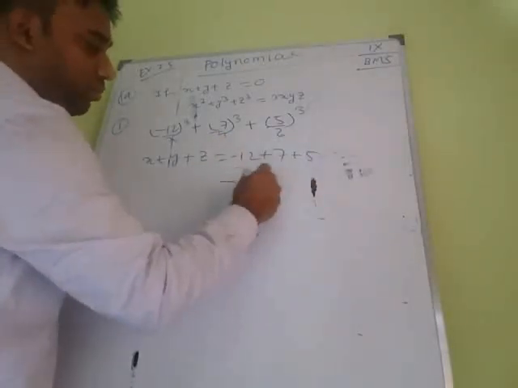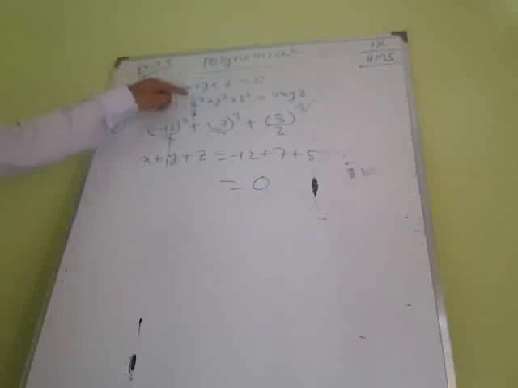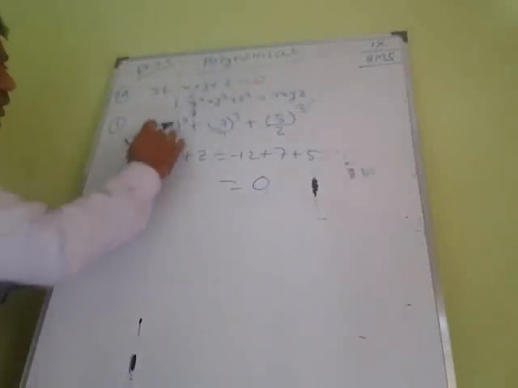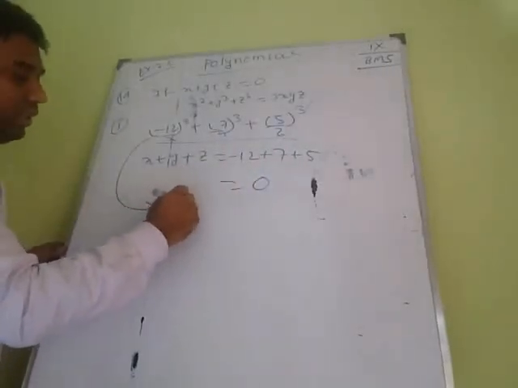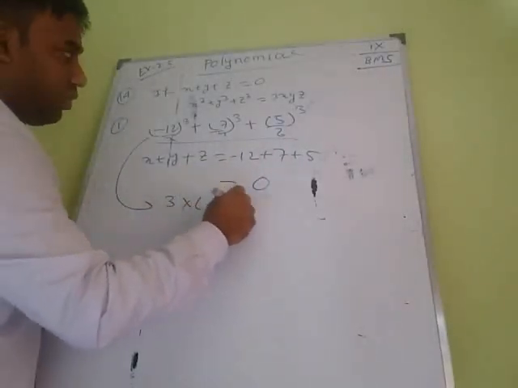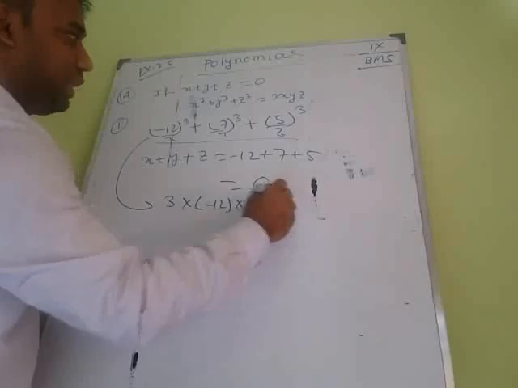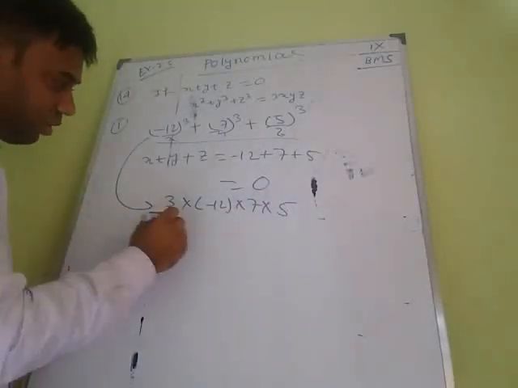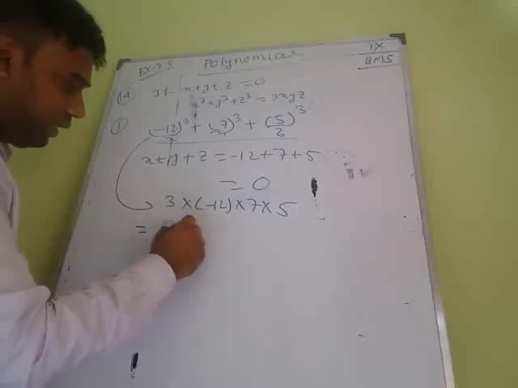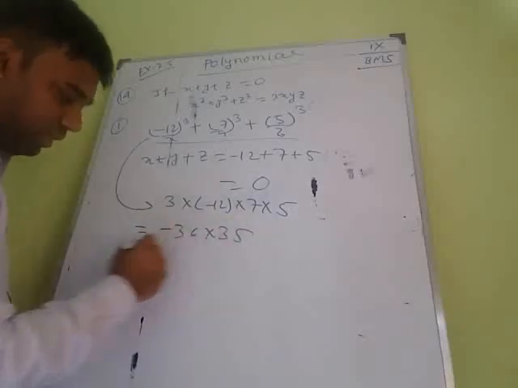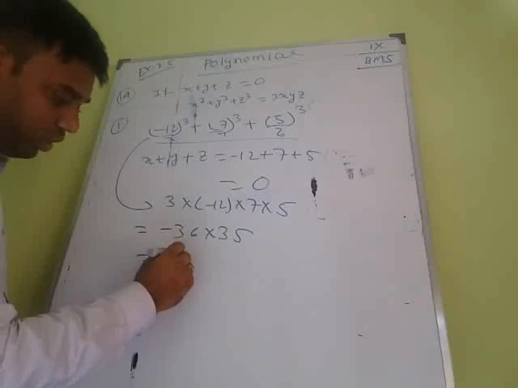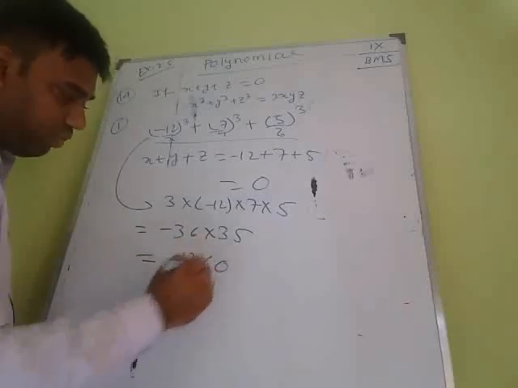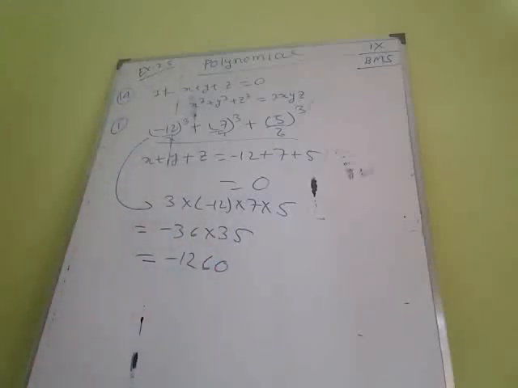What will be the sum? 0. So x plus y plus z equals 0. Then its value will be 3xyz, that is 3 into minus 12 into 7 into 5, minus 36 into 35, which will be minus 1260. Minus 1260 is the answer.